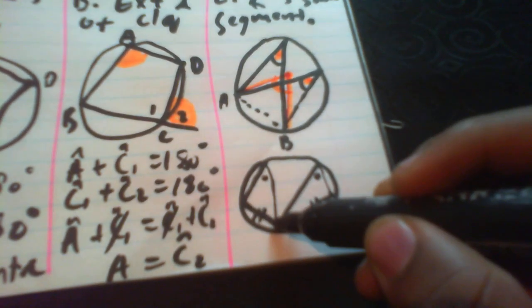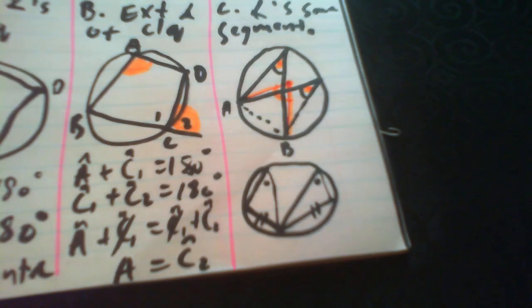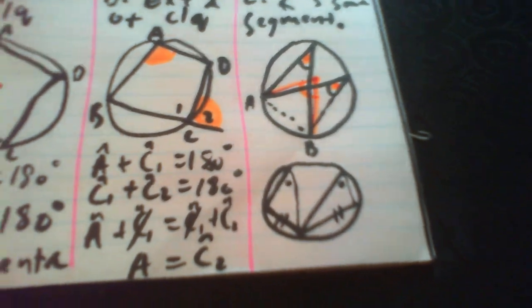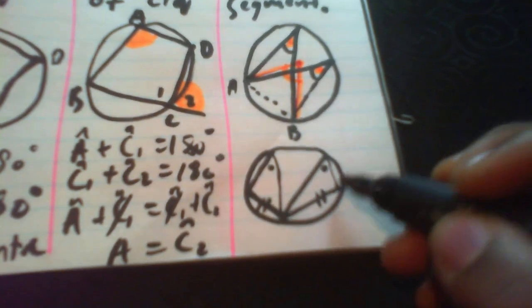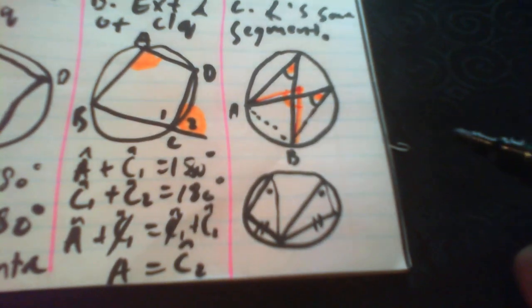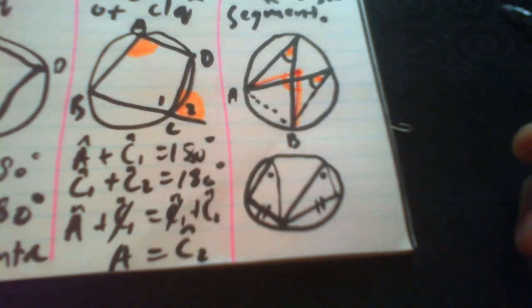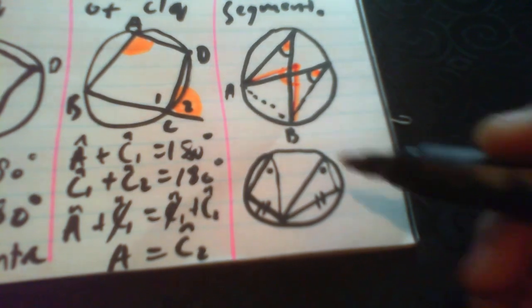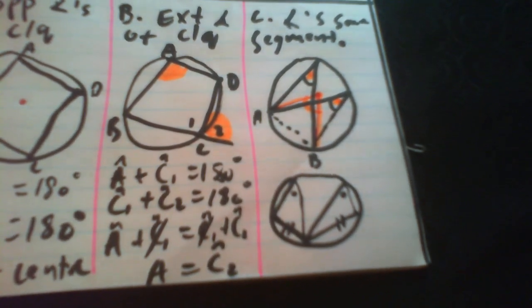That means this chord, since it's equal to that chord, is subtending the same or equal angles. So with this one, you can use angles subtended by equal chords. Is the reason for using this particular theorem.